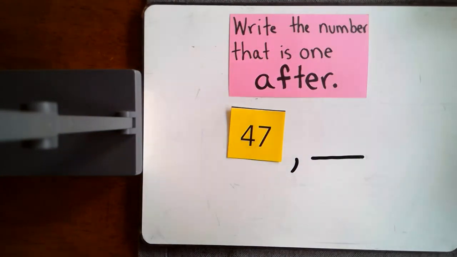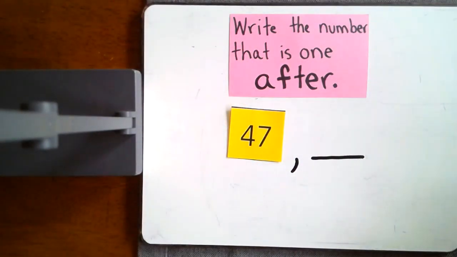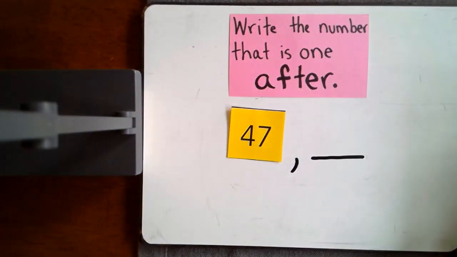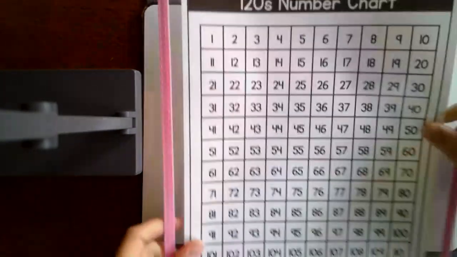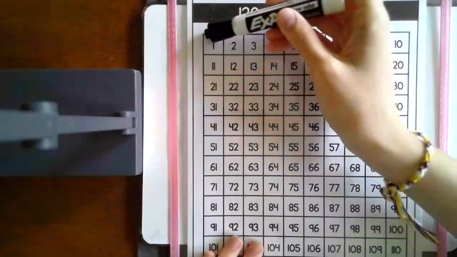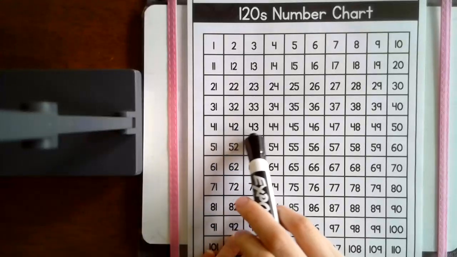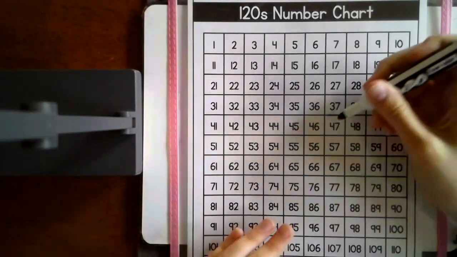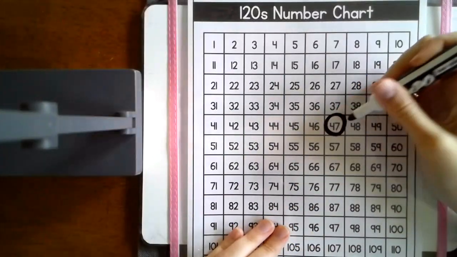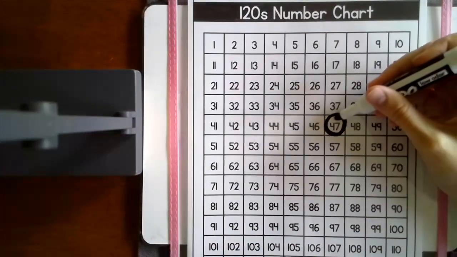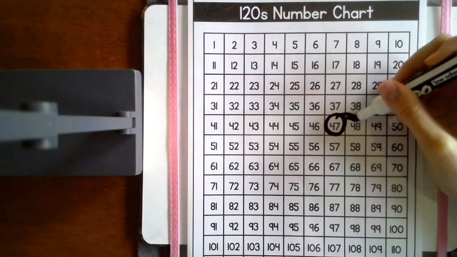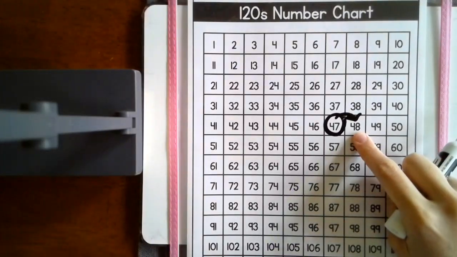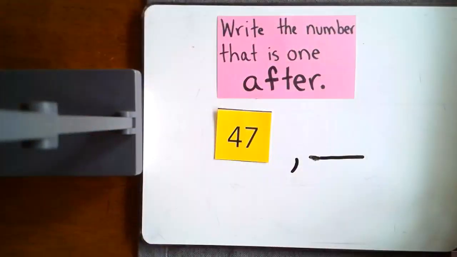I'm gonna pull out my numbers chart and I am going to mark where 47 is. I'll go down to the 40s row and then I look for 47. And now we want to go 1 after it. 1 after is 48.